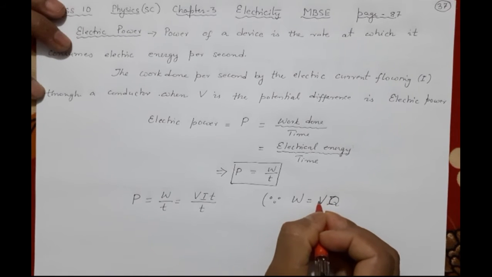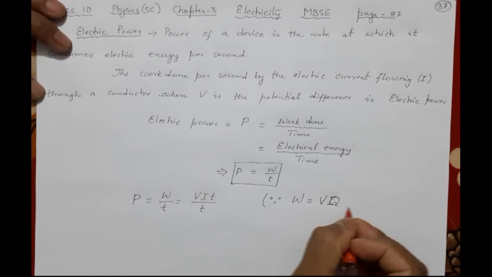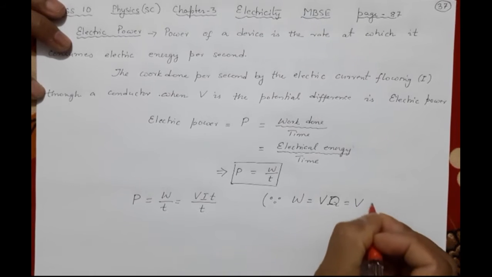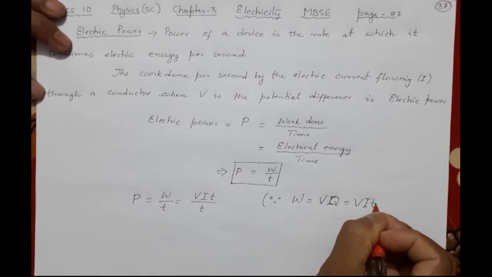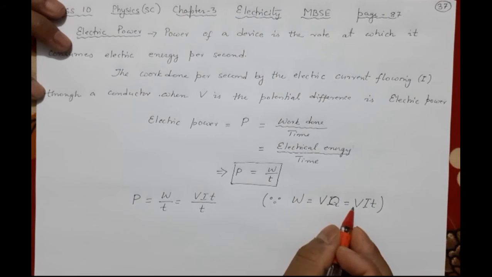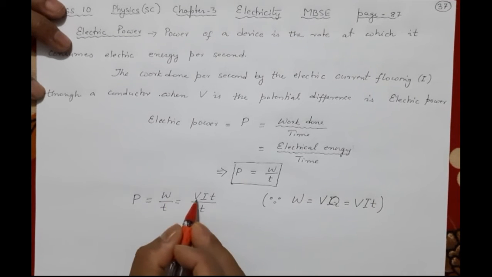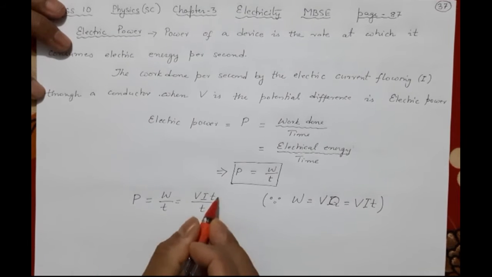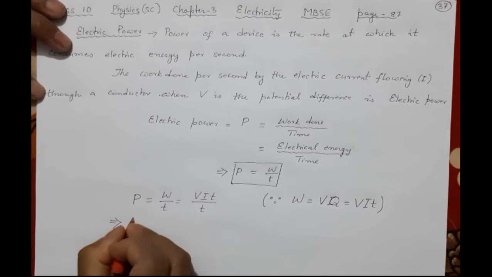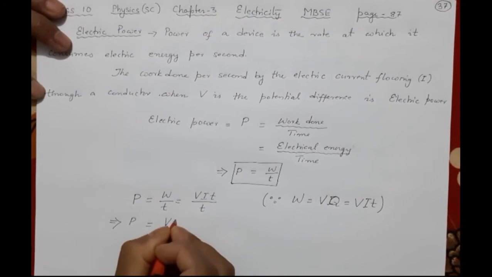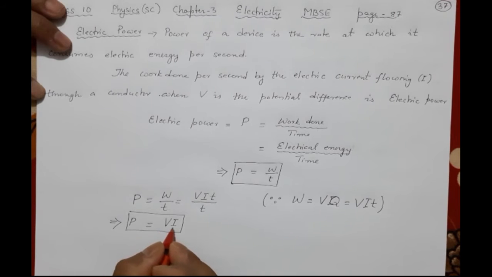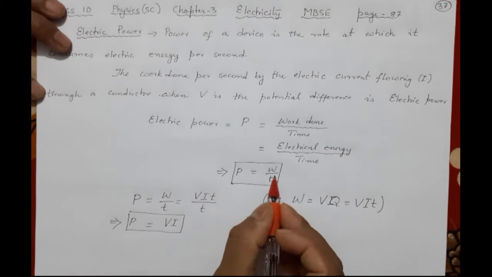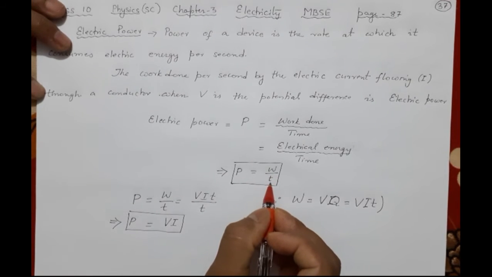Work done is potential difference into charge, and charge, as you already know from the previous derivation, is current into time. So W is equal to VIT. In place of W I wrote VIT. Now T and T will cancel out, so you will be left with VI. This is very easy to remember. Power is nothing but VI in terms of potential difference and current. In terms of work done and time it is W by T.